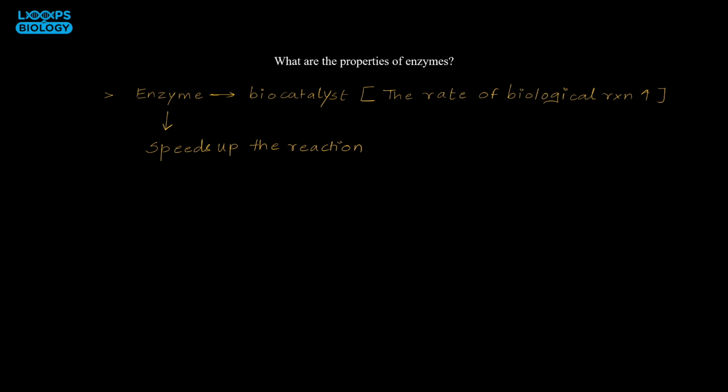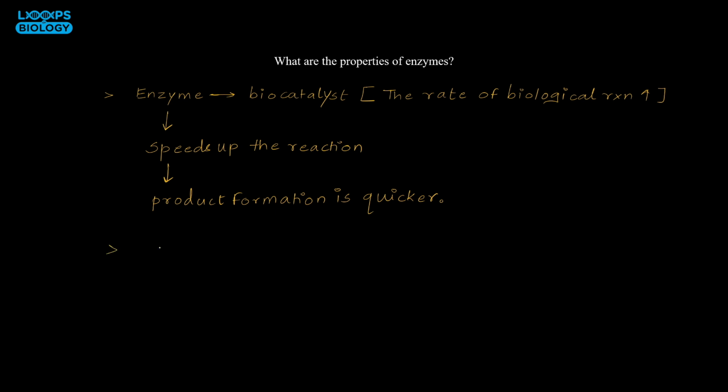In this particular case, speeding up the reaction means the product formation is quicker. So whenever I am forming the product at a faster rate with a lesser time interval, then my enzyme is basically speeding up the rate of reactions.